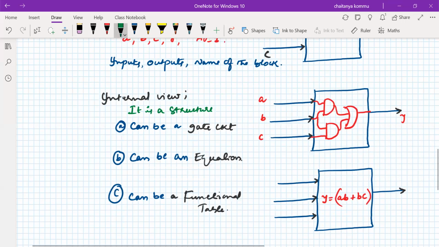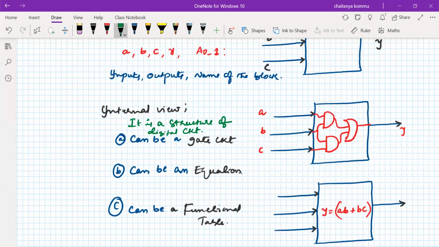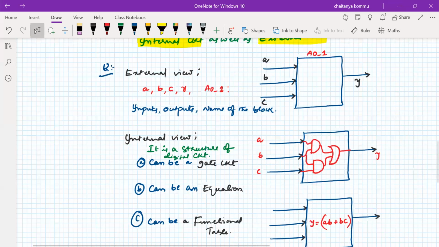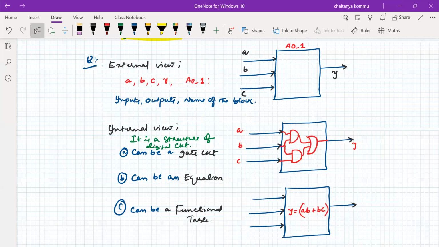The digital circuit can be in the form of a gate circuit, an equation, or a functional table, right? Do you agree with me? Is it clear to all of you? So far, is there any problem? Whenever we write a Verilog program, first you have to visualize the digital circuit in these two ways: one is the external view and the second one is the internal view. Is it clear to all of you?